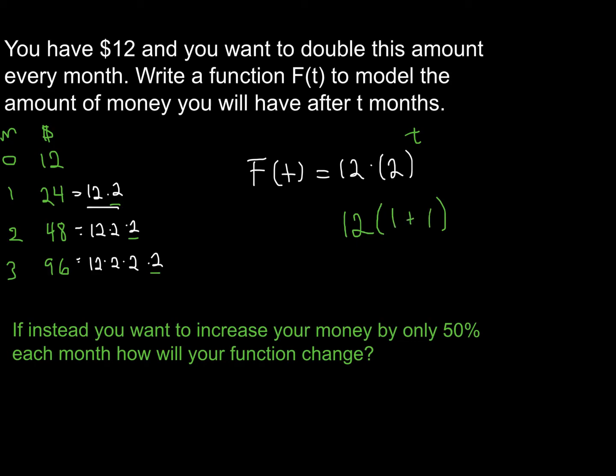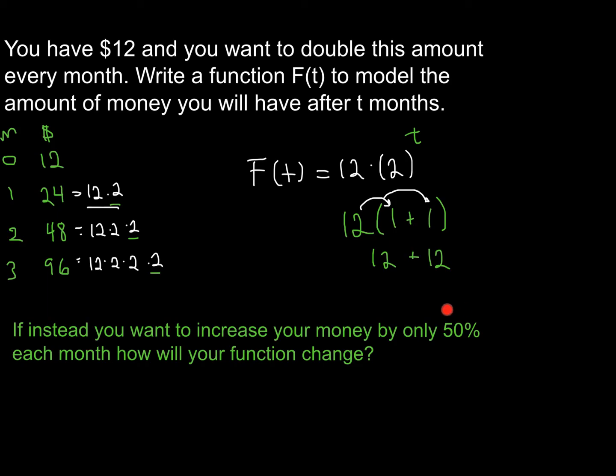When I distribute, notice that 1 plus 1 is of course 2. When I distribute the 12, notice that multiplying the 12 by 1 is going to retain the original 100%, and that multiplying by the next one is going to add the additional 100%.